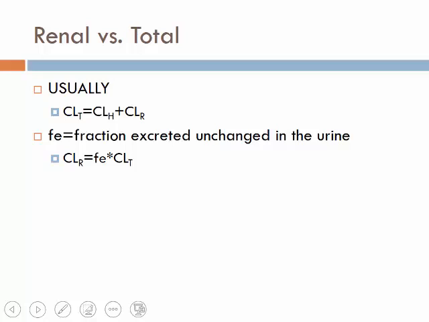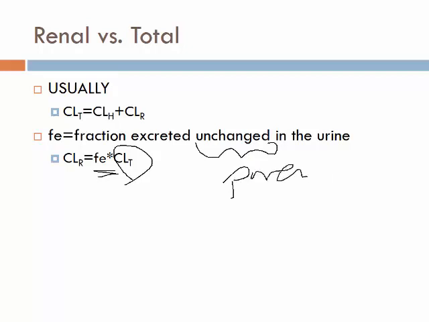And here's how, if we know the fraction that is excreted unchanged in the urine, which we symbolize as FE, F little e, we can determine renal clearance if we multiply our total body clearance by the fraction that is excreted unchanged in the urine, because drug that is unchanged is parent drug.